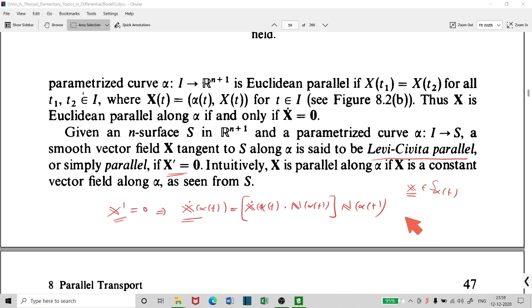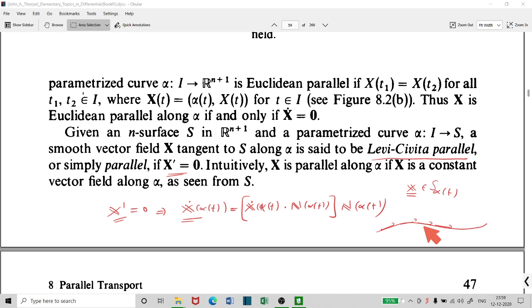So that means when you consider this type of a curve or a surface, then for Levi-Civita parallelism, these are the tangential vector fields at this point.